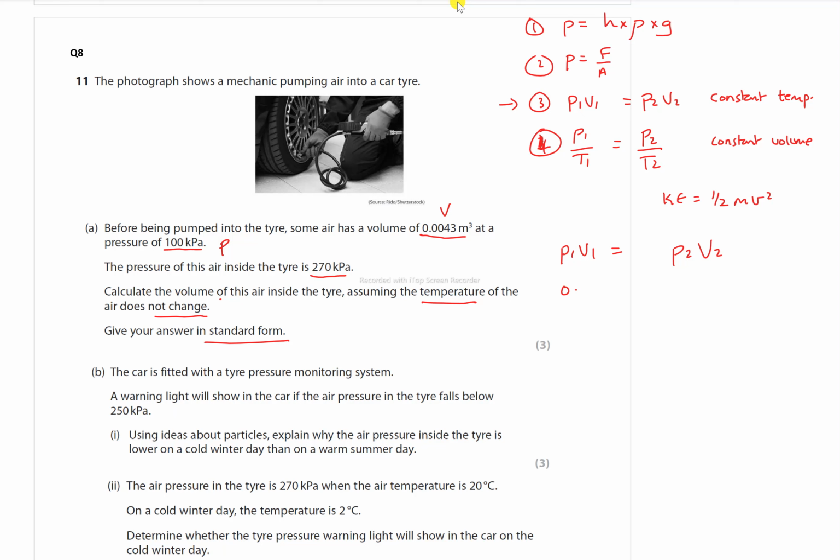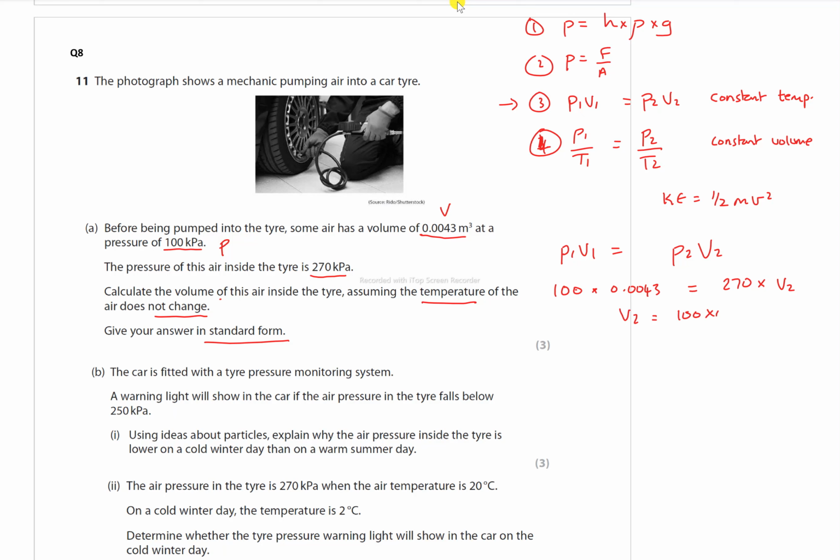So the initial pressure is 100 kilopascals. I'm going to leave it as kilopascals. 100 times 0.0043 is equal to 270 times volume. Right, so we rearrange this. In physics, they like you to rearrange this before working everything out.